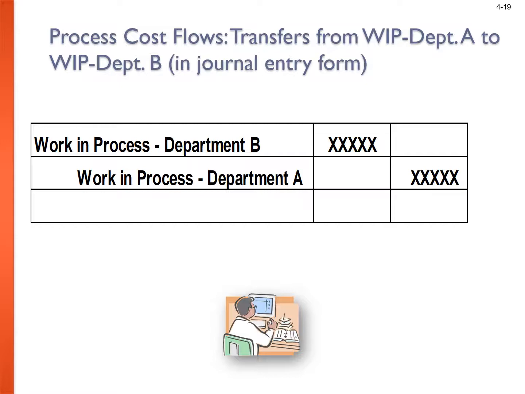So we would debit work in process department B, credit work in process department A. So they move to each department.